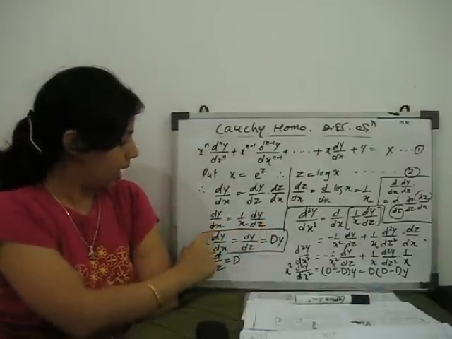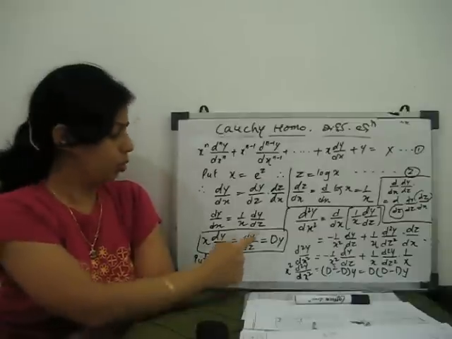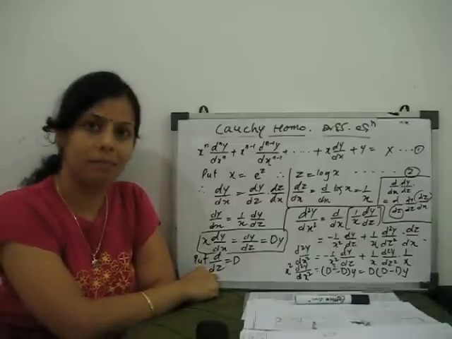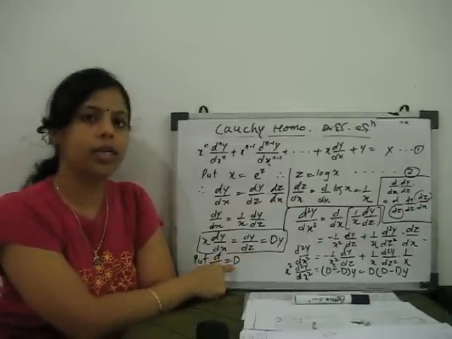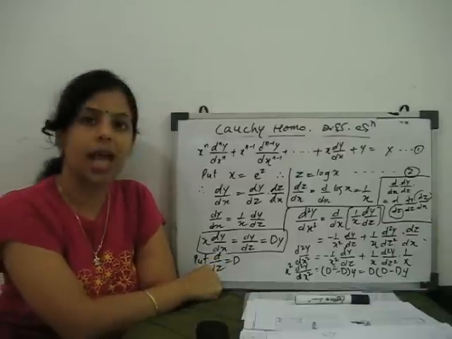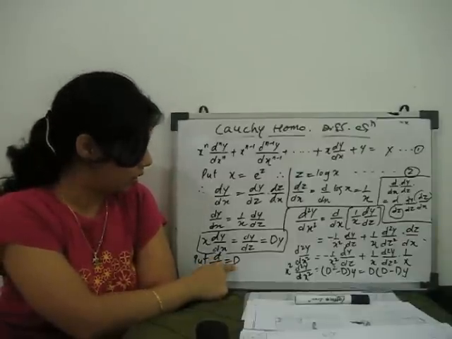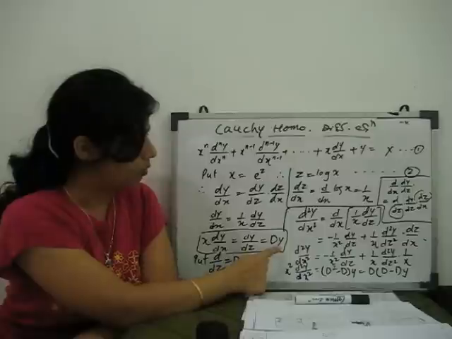Therefore x dy by dx is equal to dy by dz. This is the main part, you have to remember this: here capital D denotes d by dz, not d by dx. So x dy by dx is replaced with D of y.